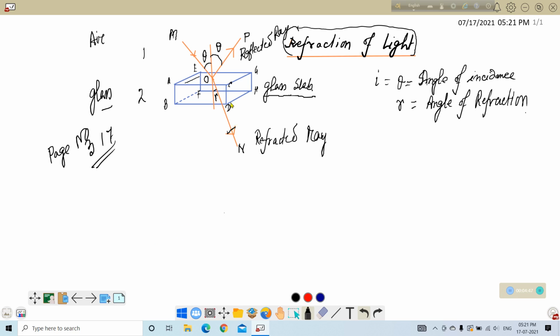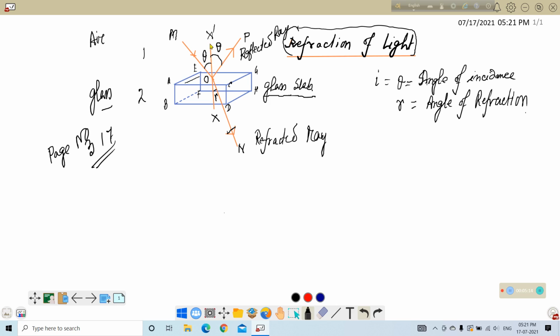Number 1, the incident ray, the refracted ray, and the normal to the interface. This is the normal, X prime. The normal to the interface at the point of incidence all lie in the same plane.